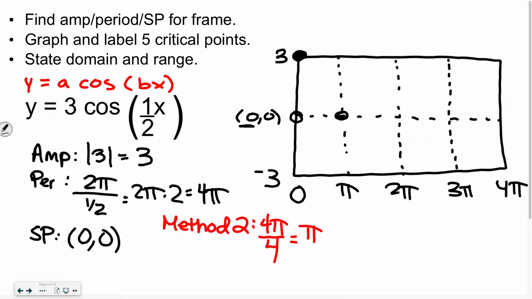So then I go to the midline, low point, midline, high point. You can never go from the highest to the lowest point without going through the middle. Okay, so if you ever feel like your graph looks wonky, sometimes you've skipped the midline. Do not draw a V. Draw a cosine curve. If you need to draw more of it to make it look round, draw more of it to make it look round.